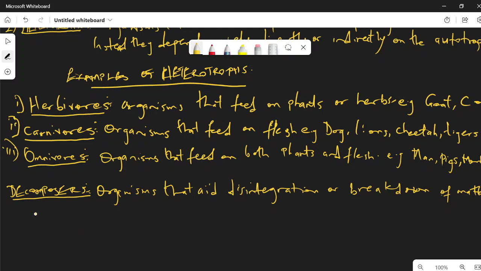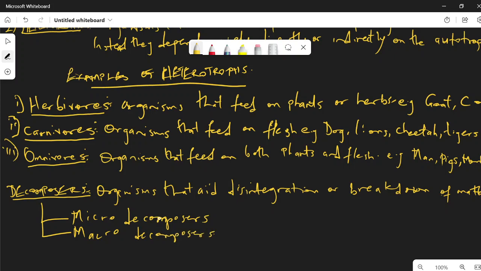And we have different types of decomposers. We have the micro decomposers as well as the macro decomposers.